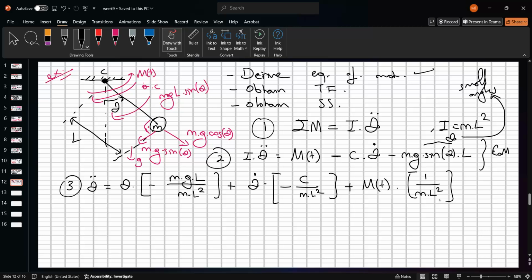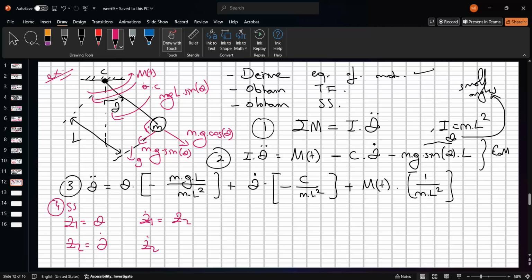And so, Ozan, just help me. In the first place, the state space can be written as we have a second order system. How many states are included in the system? Yes. Z1 is equal to theta, Z2 is theta dot. Z1 dot is Z2.